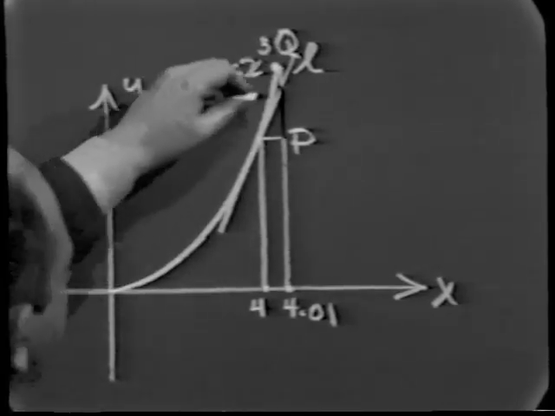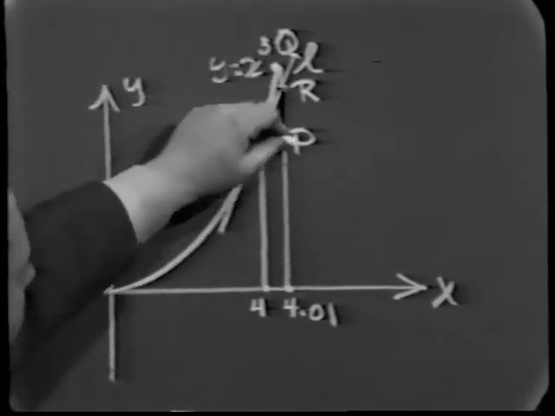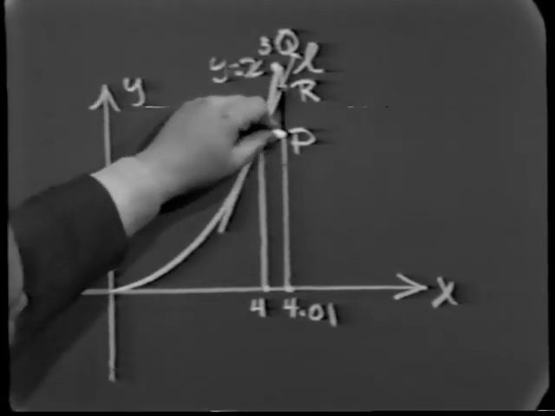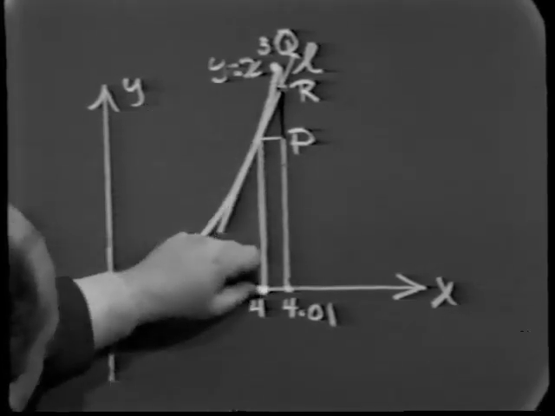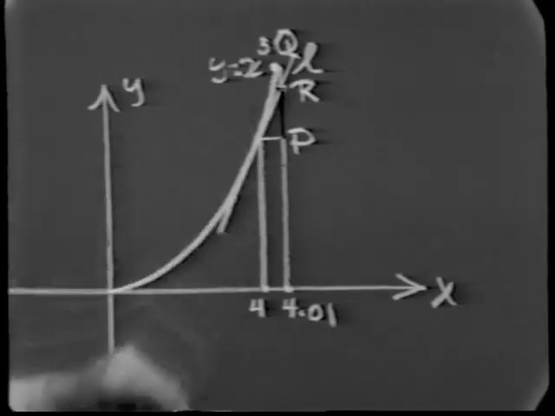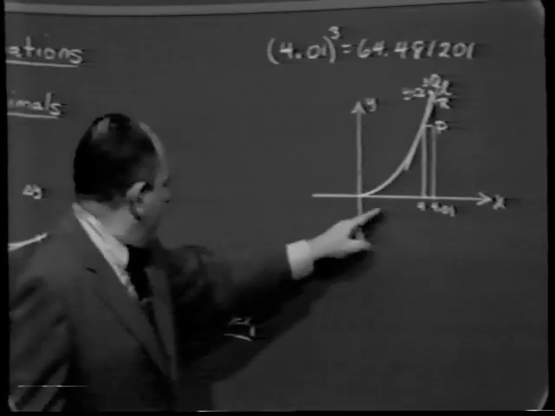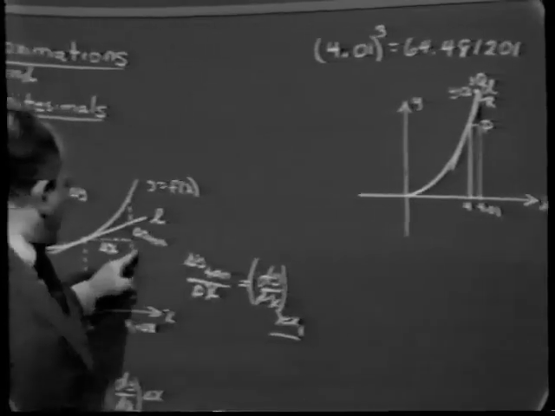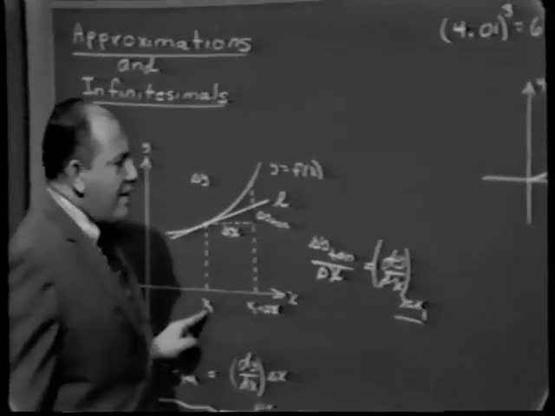What I claim is that if I instead try to find the length of PR, the change in y not along the curve, but along the line tangent to the curve at the point 4, 64, this is what I can find fairly rapidly. In other words, what I am going to do is to work this same idea here with the special case.